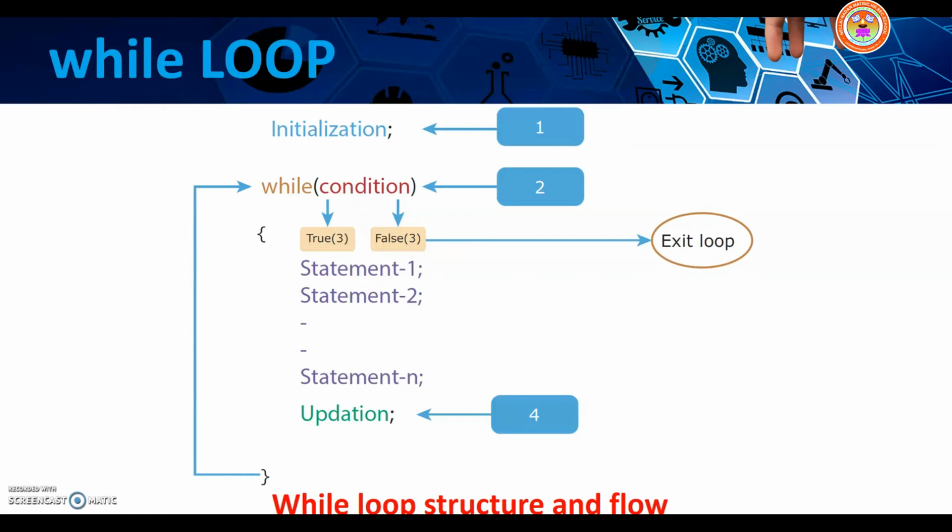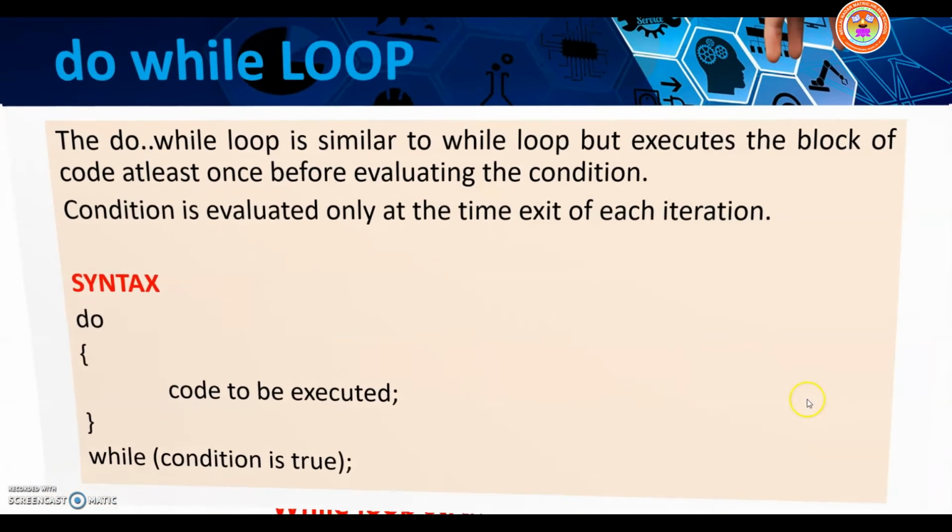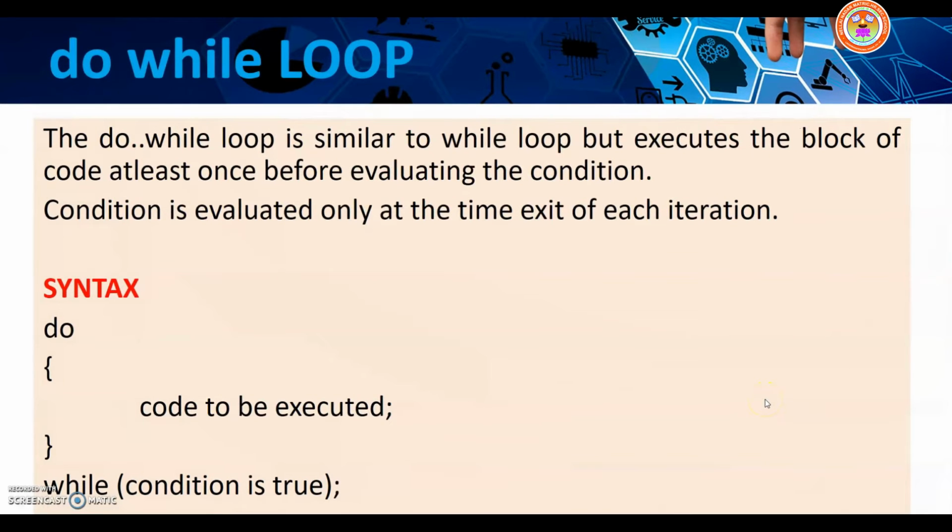While condition. Next in the bracket, code to be executed is given inside the flower bracket. Inside the flower bracket in the code itself, they have given the updation. So all the three clauses are given. Initialization outside, condition in the while statement itself inside bracket, and updation finally inside the flower bracket. In this way only the while loop executes.